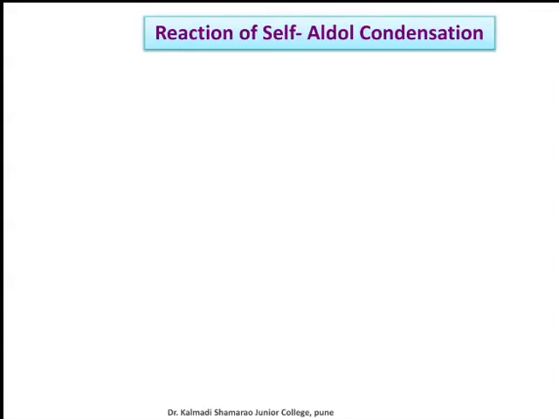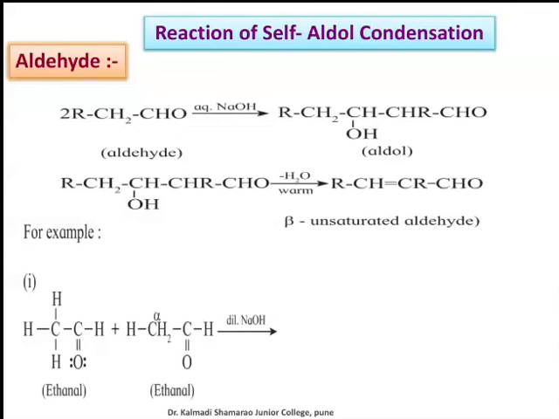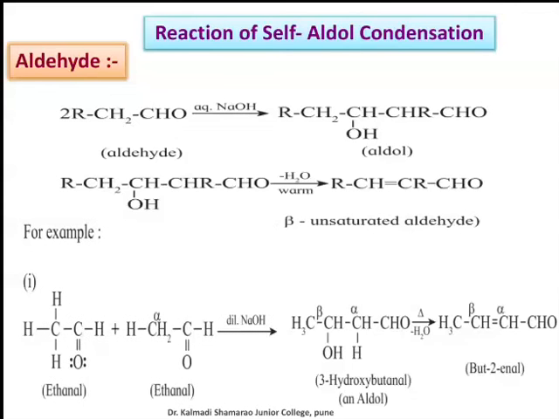The reactions of self-aldol condensation are as follows. Two molecules of aldehyde react with aqueous NaOH to give aldol. Then aldol on heating with dilute acid produces an alpha-beta unsaturated aldehyde. For example, two molecules of ethanal react with dilute NaOH to give 3-hydroxybutanal, that is an aldol, which on heating with dilute acid produces but-2-enal.